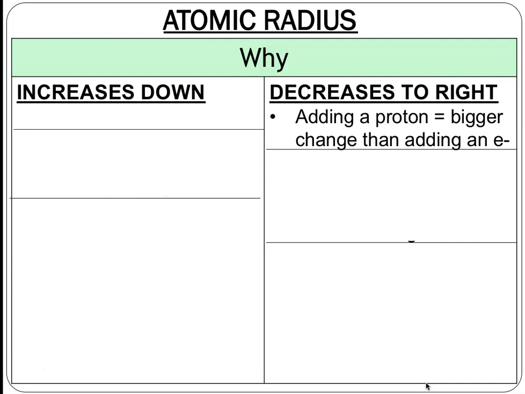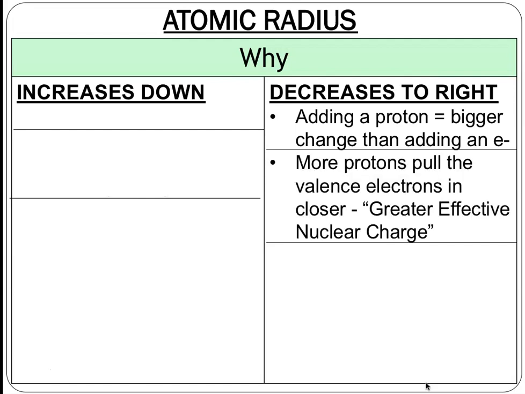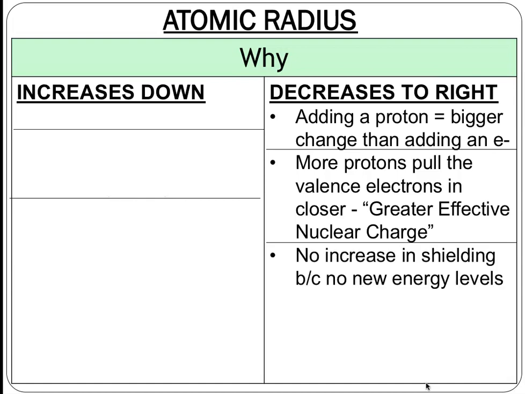We already talked about that back with atomic structure. Now, more protons, because there's a larger nucleus, pull those valence electrons and all the electrons closer in. It's a greater effective nuclear charge going left to right. If it's a greater Z effective, everything's pulled in tighter. The atom itself has to get smaller, again going left to right.